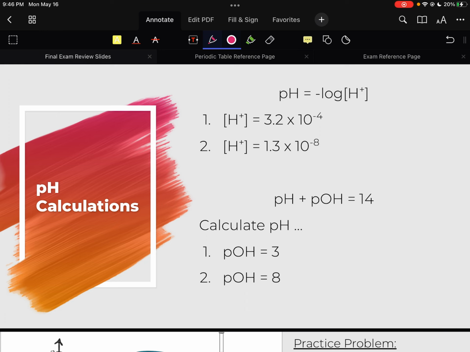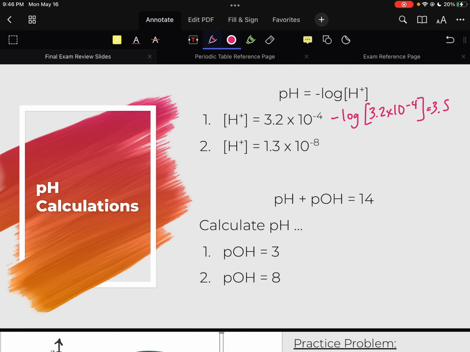For calculations, remember you're just plugging this into your calculator. You're just going to type in negative log and then whatever your H concentration is. So in this case, it would be 3.2 times 10 to the minus 4. I get 3.5.